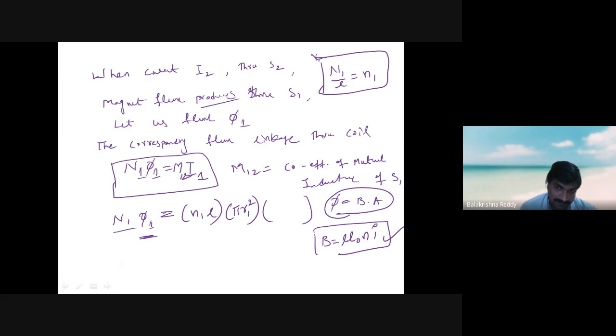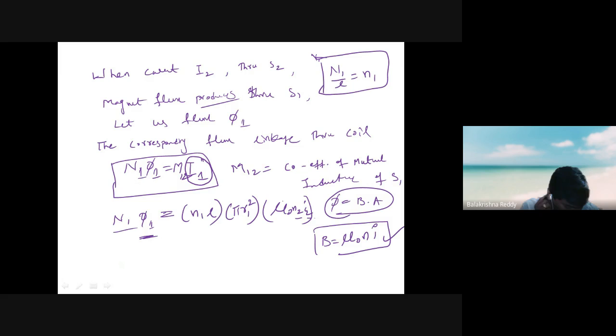So this mu naught n i in coil 1 we can write as mu naught n2 I2. Why have I used n2 I2? Because the current which produced the field in coil 1 is due to coil 2 only, no? So mu naught n2 I2 ampere.